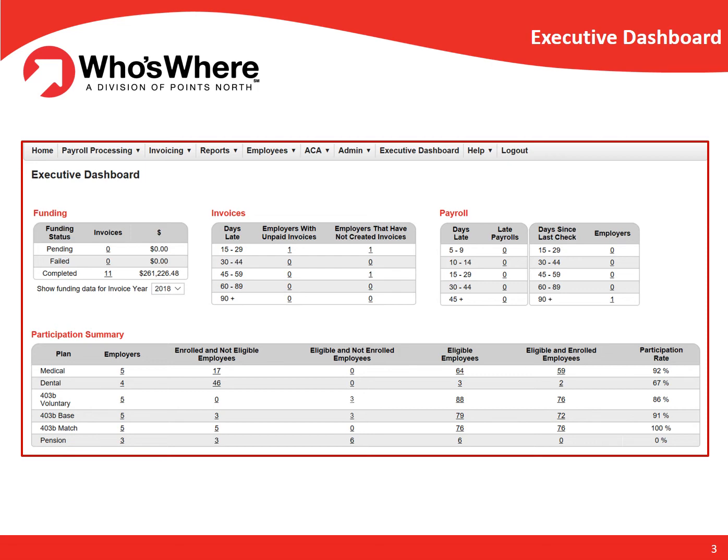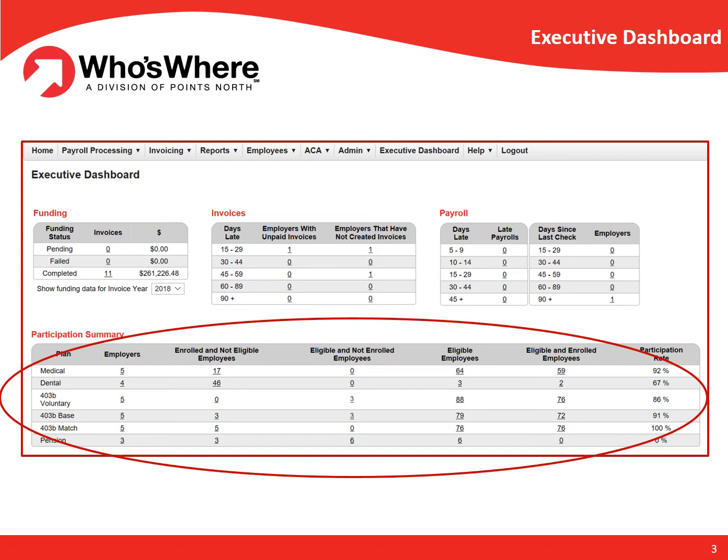In this example, the employer has configured medical, dental, retirement voluntary, base, and match plans, as well as a pension plan. The plans, plan names, and plan rules are configured for each employer, and employers may have as many benefit plans in the system as they need. Each plan can also have its own eligibility rules.